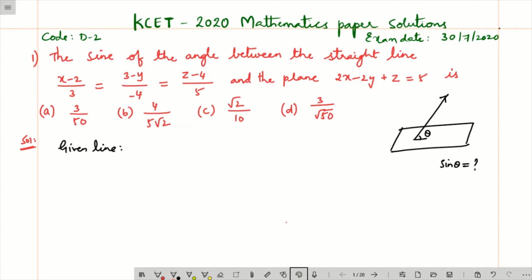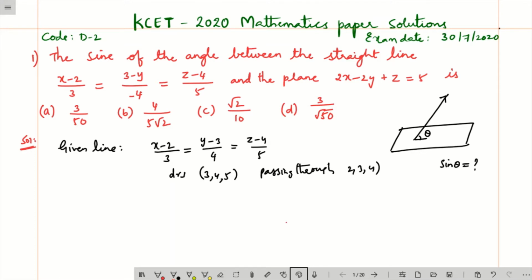The line is given as (x minus 2)/3 = (3 minus y)/(-4). We can also write it as (y minus 3)/4 = (z minus 4)/5. Here we can say the direction ratios of the line are 3, 4, 5 and it passes through the point (2, 3, 4).